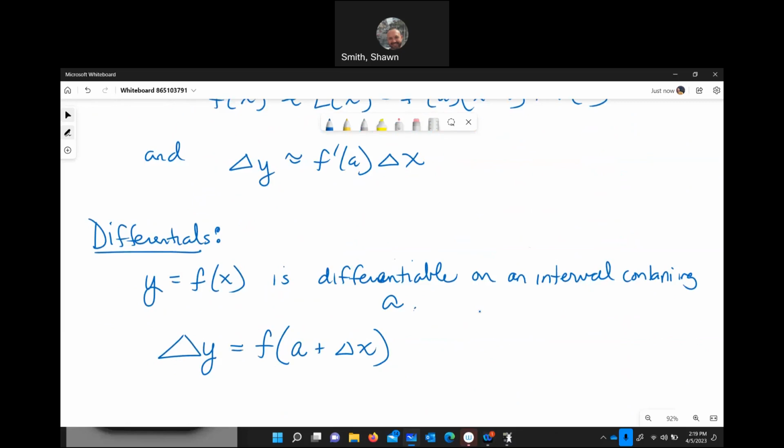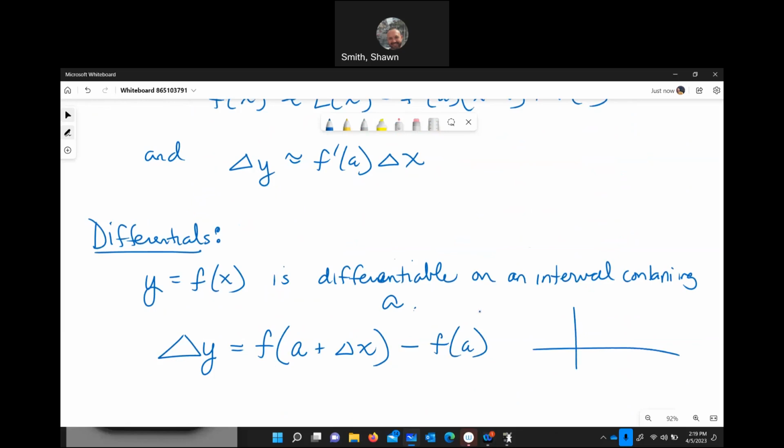So you start off with a, let's just say a is 5. The change in x, how do I get to the next number? Add some small significant part to it, okay? Minus f of a. This is the difference of y values, change in y, right? So this is the further x value, a plus change in x. You evaluate it, get your y value. Your left x value, your a, evaluate it.